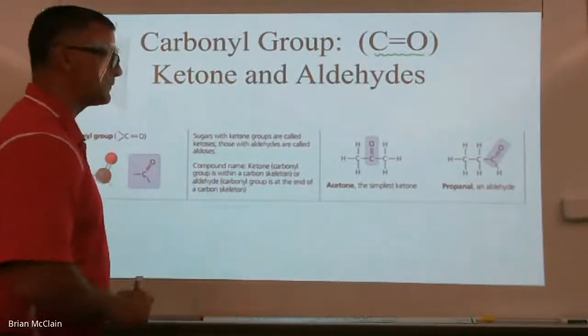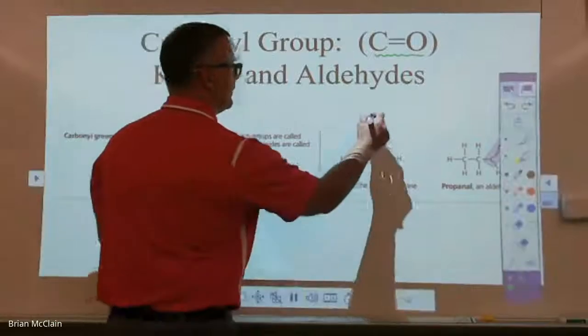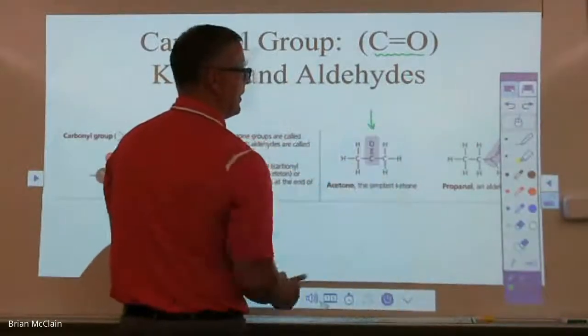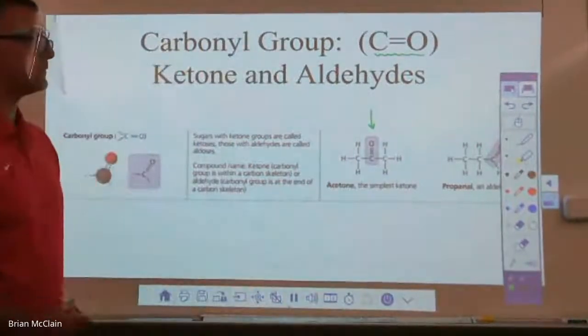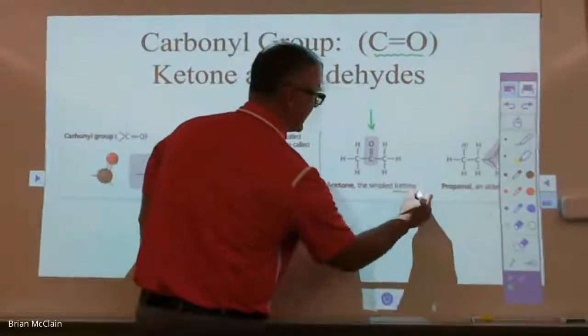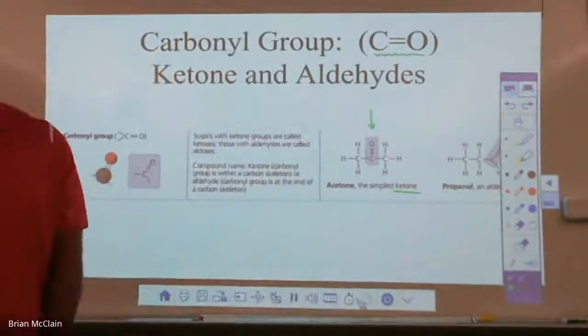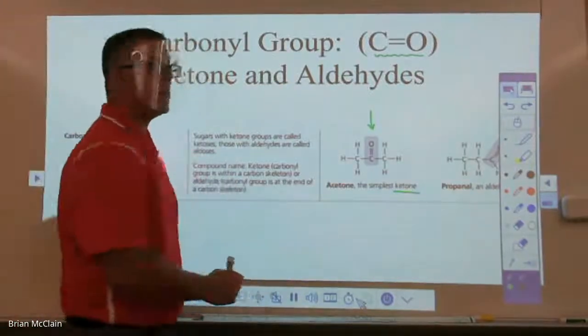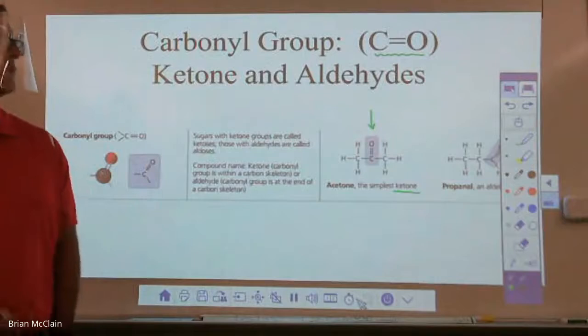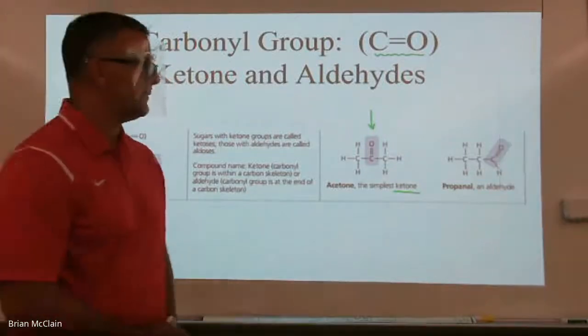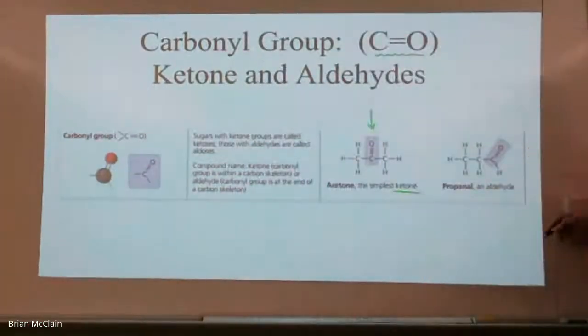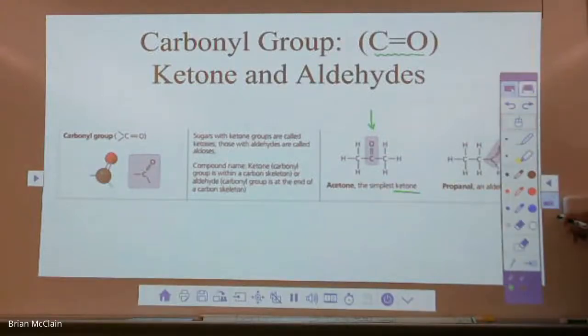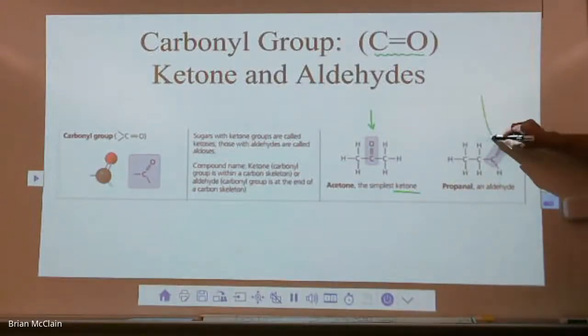We have this particular designation where this one is going to be inside the molecule in terms of the overall structure, and they would refer to that as a ketone. Okay, so if it's inside the molecule structure, and then we have this one right here, it's on the edge or the outside.